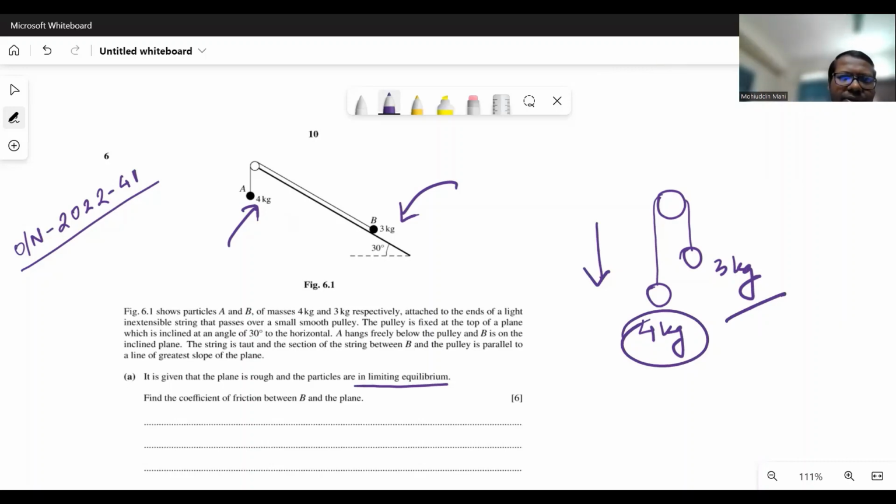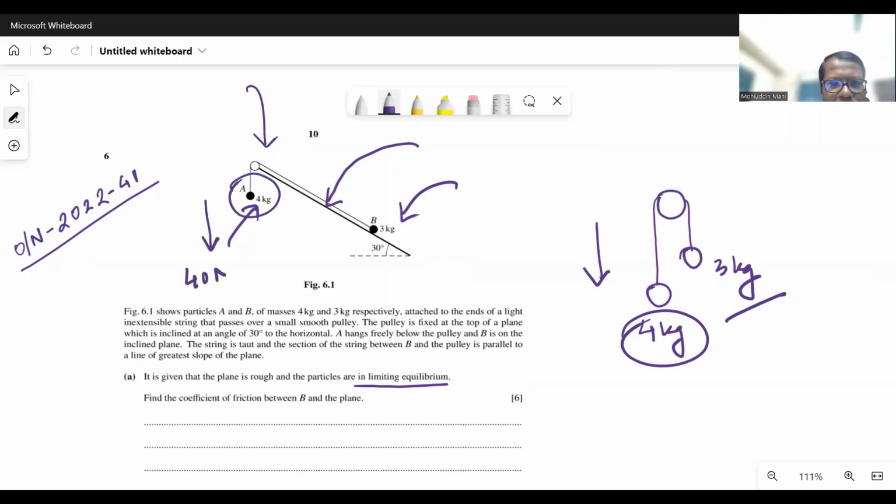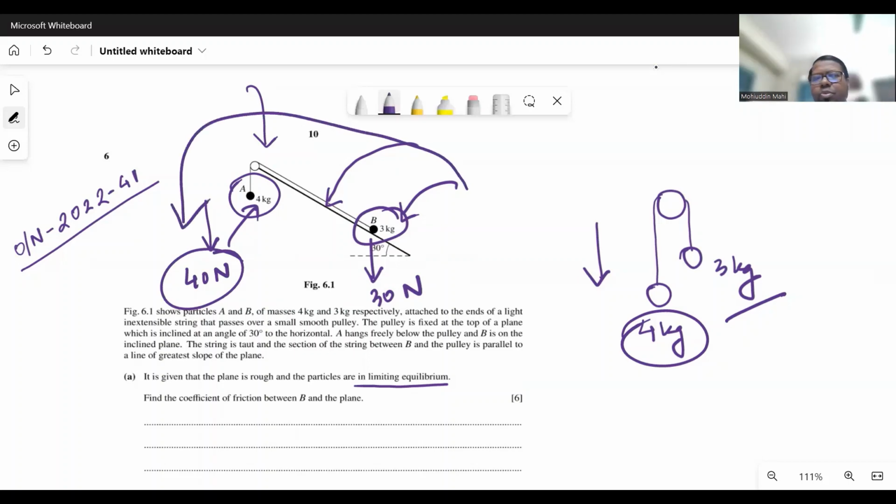Now, say for example, in the question it is said that this surface is rough. Let's consider that it is a smooth surface, and what will happen? This is 4 kg, so 40 Newton will act in the downward direction. And this is 3 kg, in this direction it will be 30 Newton. So that force is greater. So the system is supposed to move in this direction, provided that the surface is smooth.